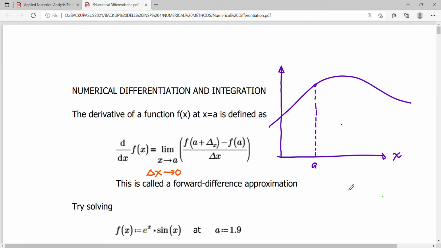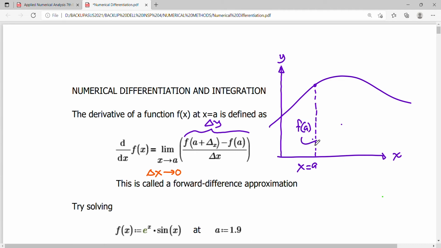Okay, so this is x equals a, and I would like to compute the ratio or compute the limit of the ratio. This is actually a delta y. Okay, if this is y, I have a functional value here exactly at f of a.